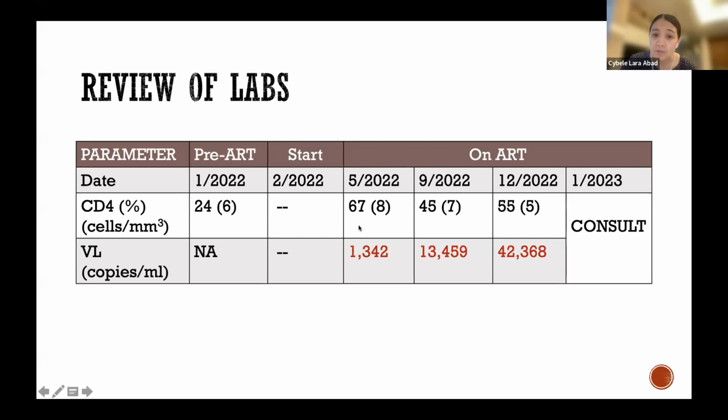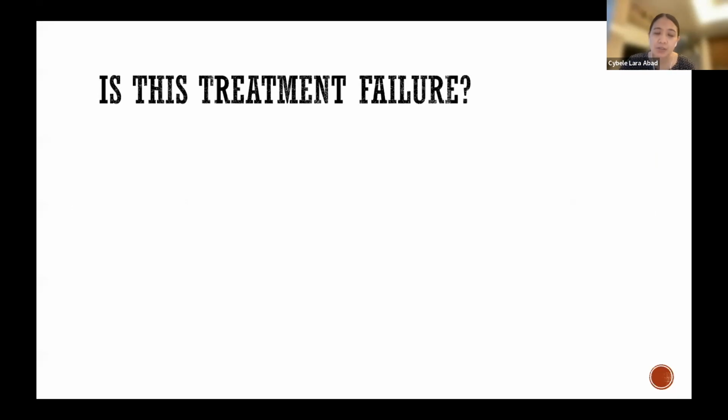If you look at his CD4, it is just kind of staying around the low range, but we should interpret this with caution because it's really very early to check a CD4. He just started a regimen, and we don't really expect it to increase by that much after a couple of months of ARVs. Okay.